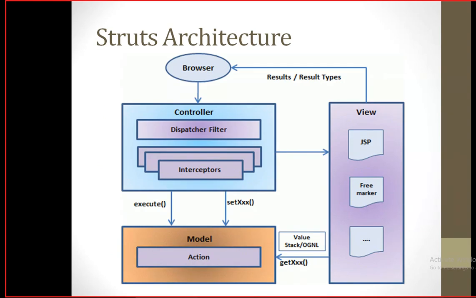Prior to that, this is the architecture diagram of the Struts framework. Any user request coming from the client browser will be submitted to the controller. Now there will be a dispatcher filter which will decide which of the action classes should handle this request. Again, if any interceptor is required for pre-processing the data coming from the user, it will be used.